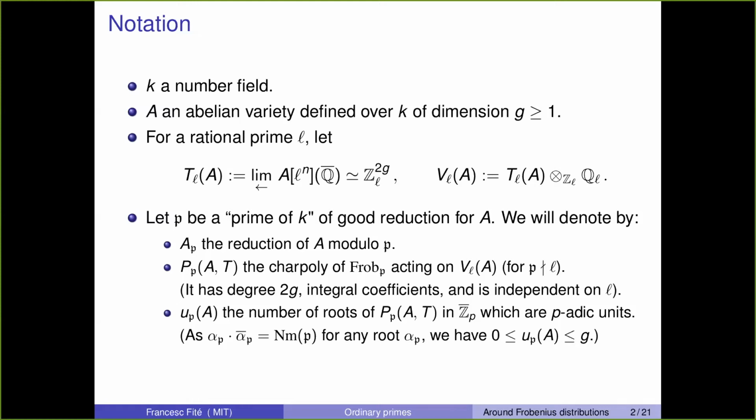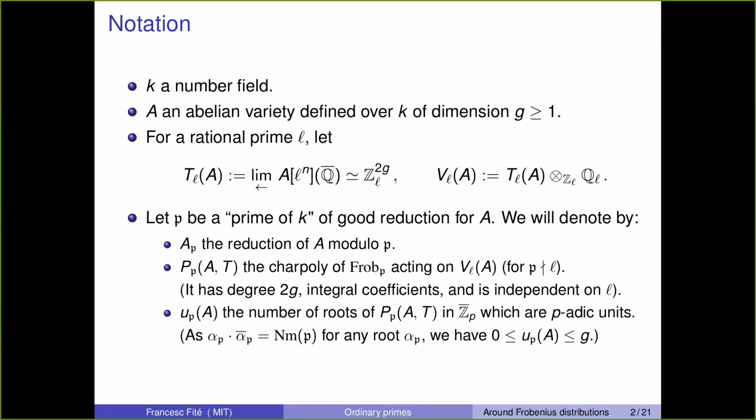Finally, the last notation I want you to remember is this quantity u_p. u_p will denote the number of roots of the characteristic polynomial of Frobenius in an algebraic closure of Z_p which are p-adic units. The first observation is that this natural number is at most the dimension of the abelian variety. Why is this so?